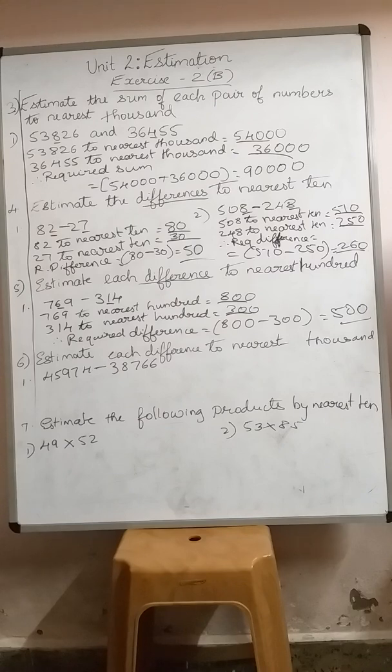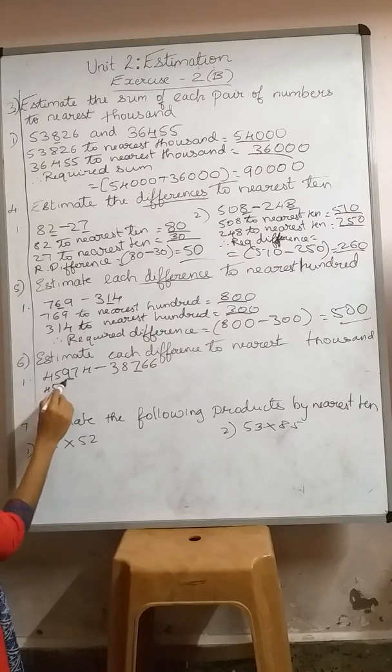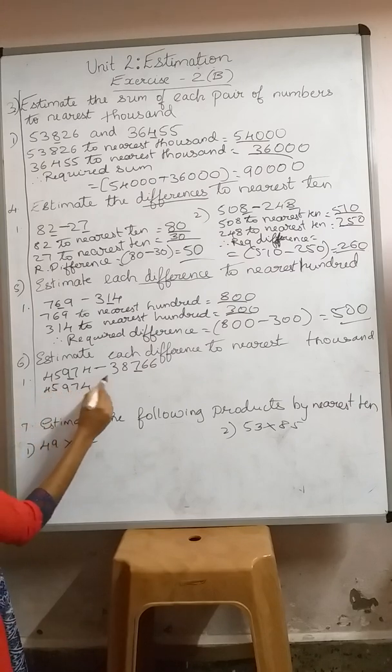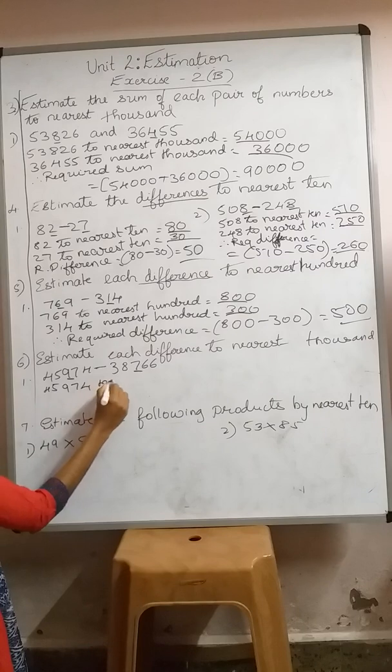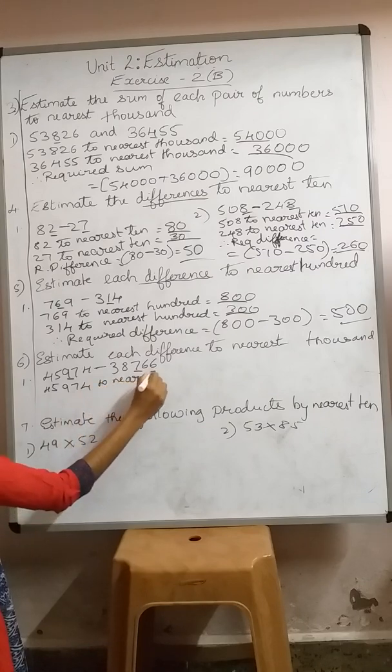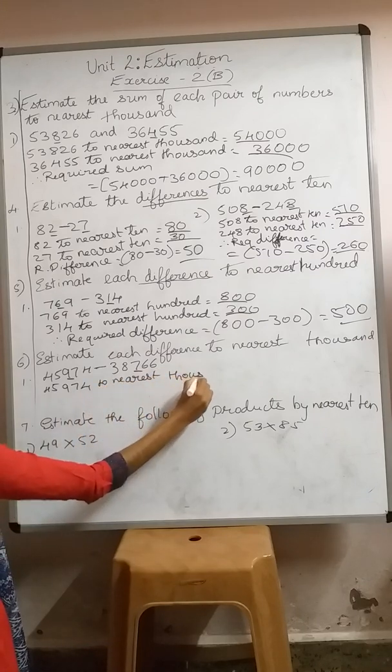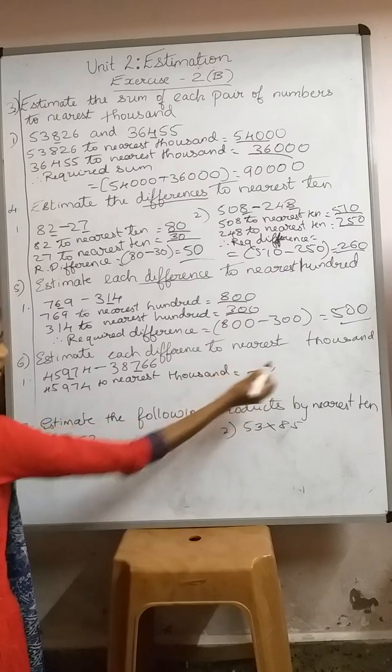Let us move to number 6. Estimate each difference to the nearest 1000. So what we have here, if it is the thousands place, you should underline the hundreds place. Now here 9, here 7. So what do we do? Please write the same procedure. 45,974 to the nearest 1000 equals to how much?